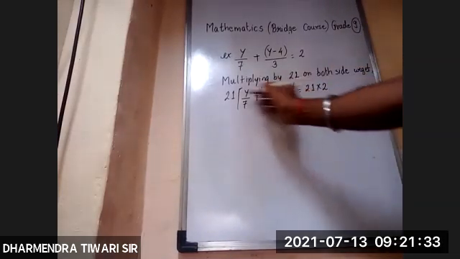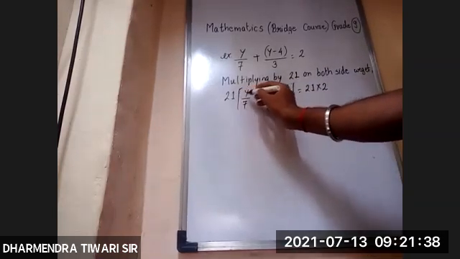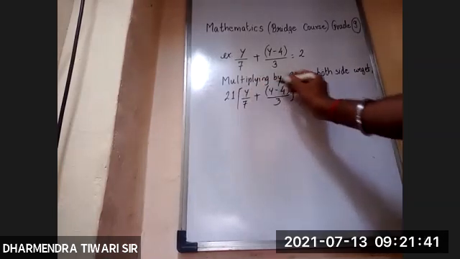We will just open the bracket. After opening a bracket, 21 will get multiplied to the first term present in the bracket as well as the second term in the bracket.